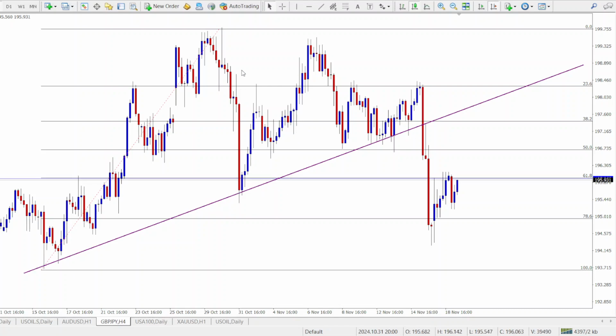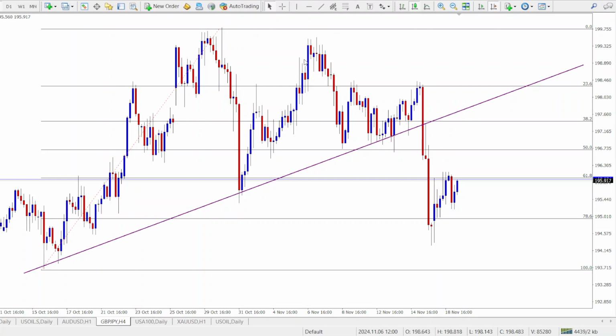We had the price pull back to the 61.8% Fibonacci level, and then ideally, if this bullish trend was to continue, we are supposed to have the price break above this 0% level, but we did not see that happen.